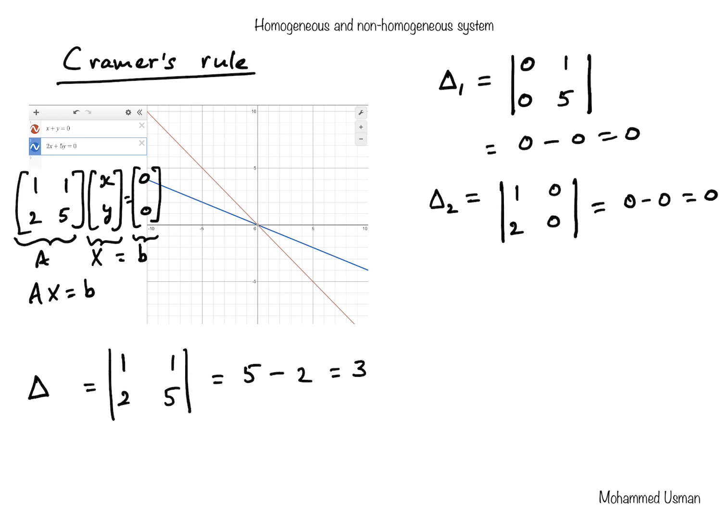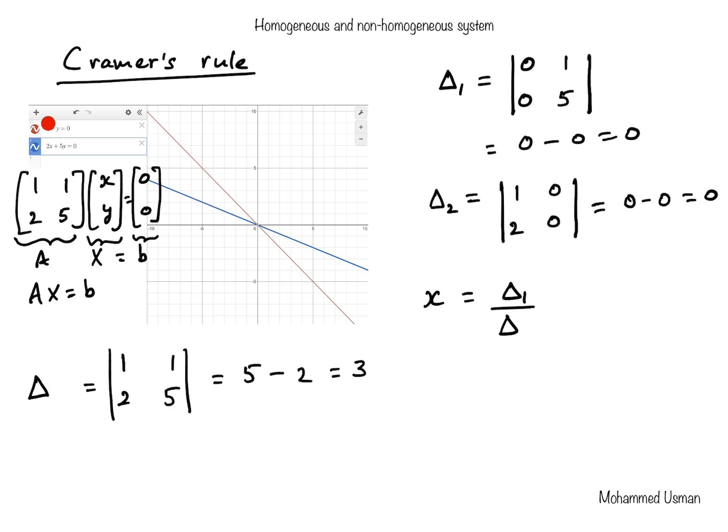Now we want to find the values of x and y, and according to Cramer's rule, we solve x and y as x equal to delta 1 by delta. So if you notice, we computed delta 1 by replacing the coefficients of x.